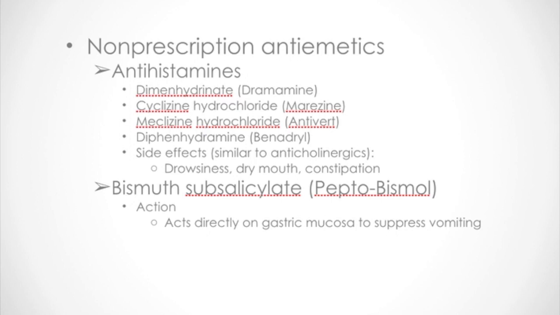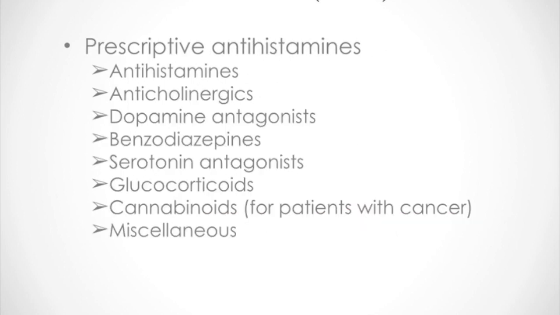So that's a little bit different than directly affecting the VC or CTZ zone. We could do non-pharmacologicals in combination with these over-the-counter antiemetics. A side note is that these should be avoided in pregnancy.